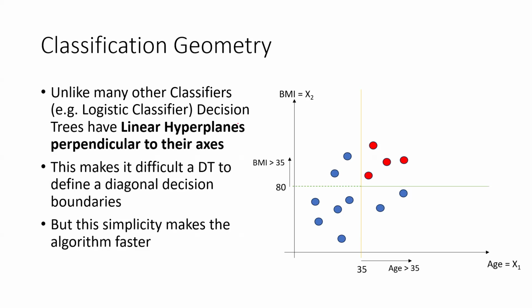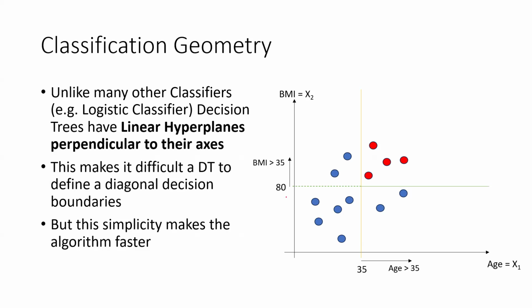In this case, I have selected age as the x1 variable and BMI as the x2 variable. You can see the red data points are people with cardiovascular diseases, and the blue data points are healthy people.